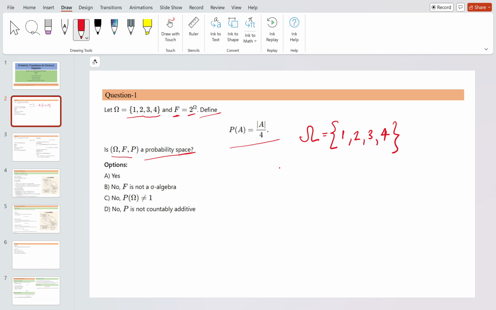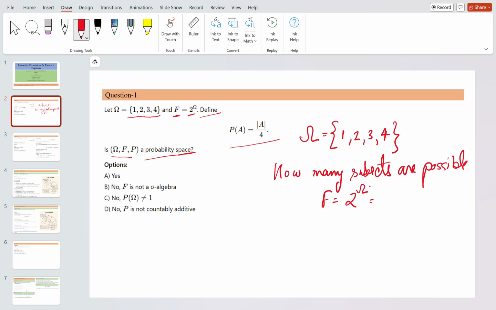If you ask how many subsets are possible from that, the total number is 2 to the power of the number of elements in omega. Here four elements are there, so overall the number of possible subsets is 16.